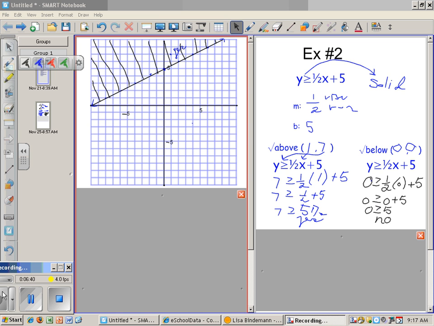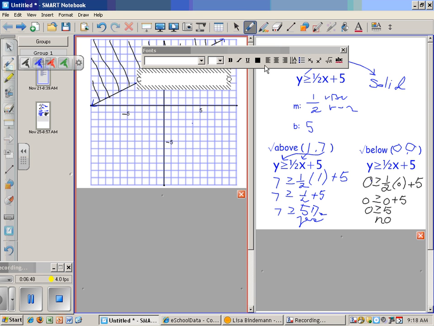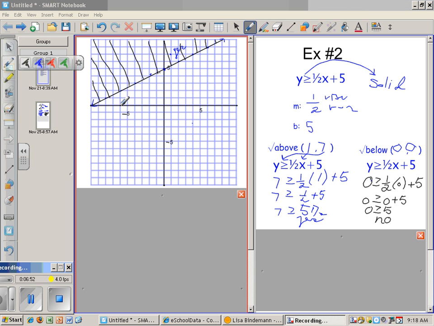So technically, we're almost done. All we have to do is go back and write the equation of the line on the line. And I always want to write the original equation.